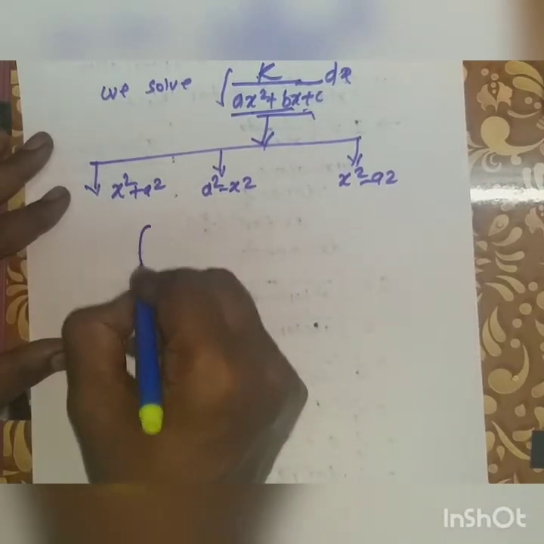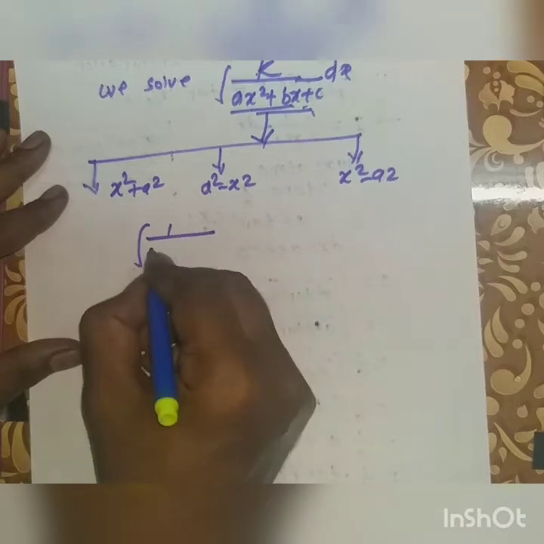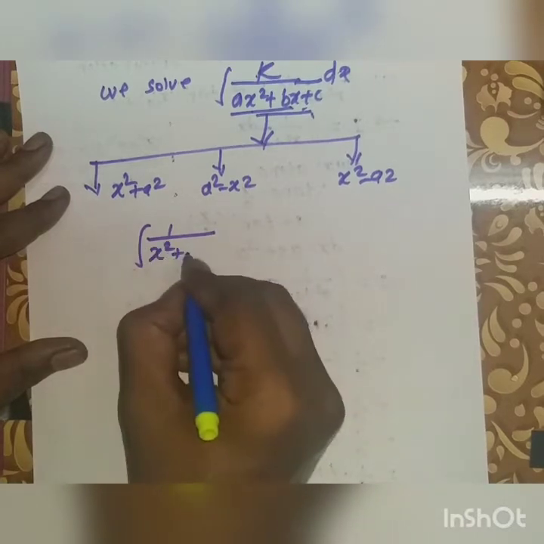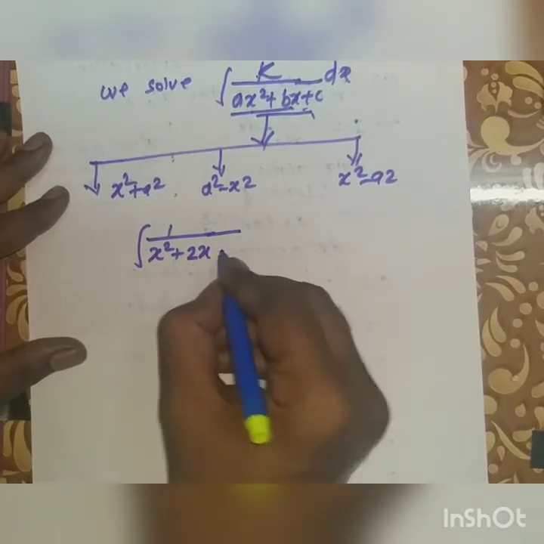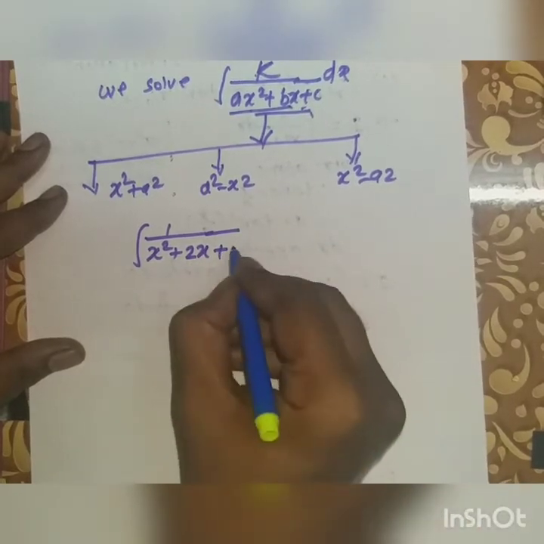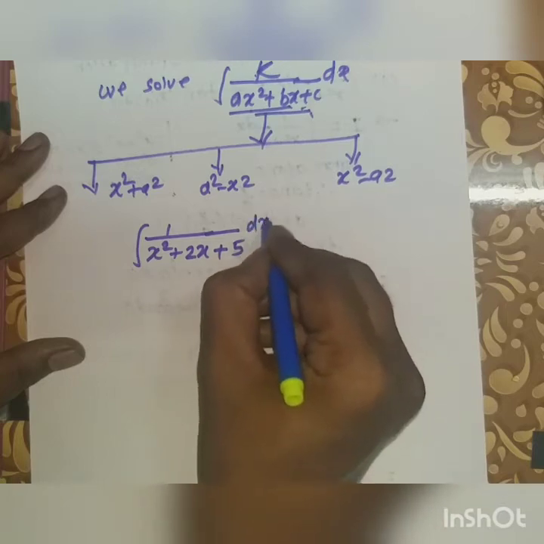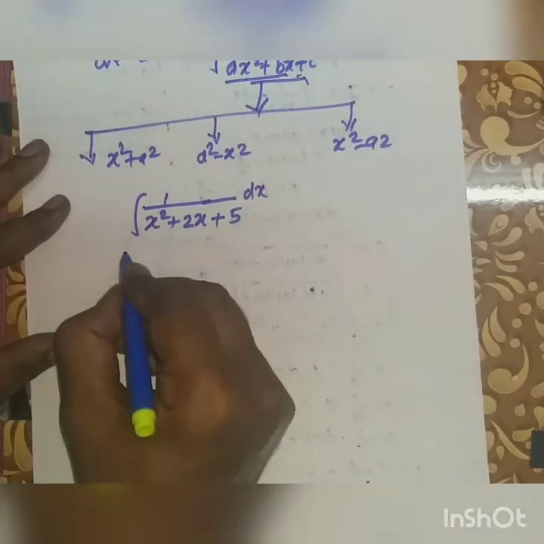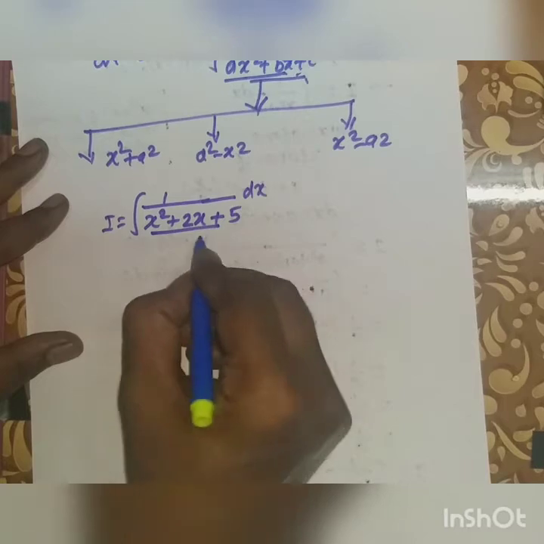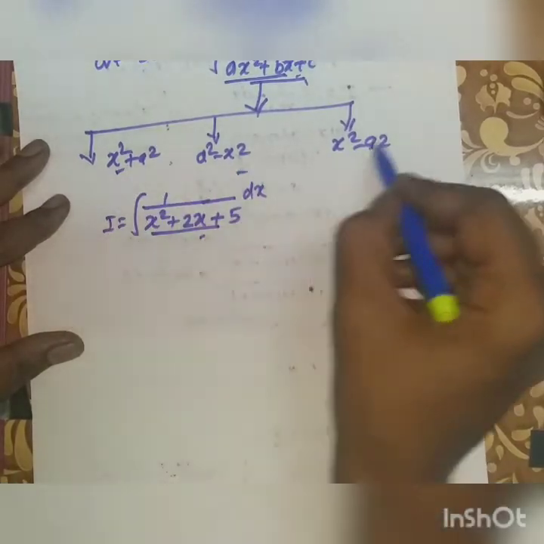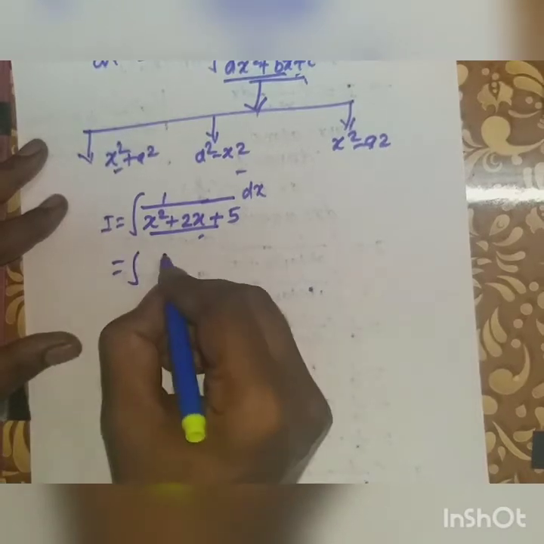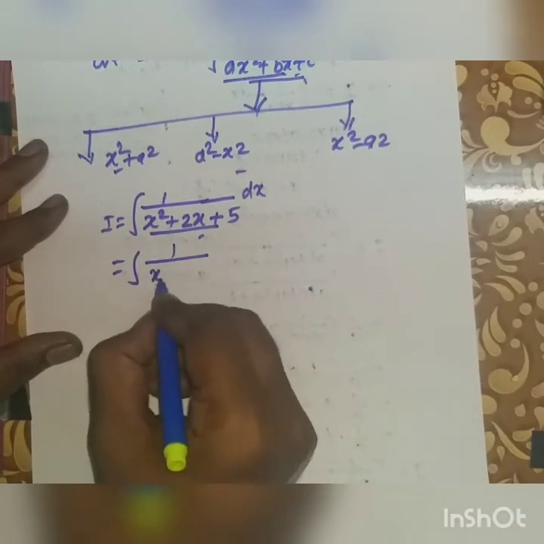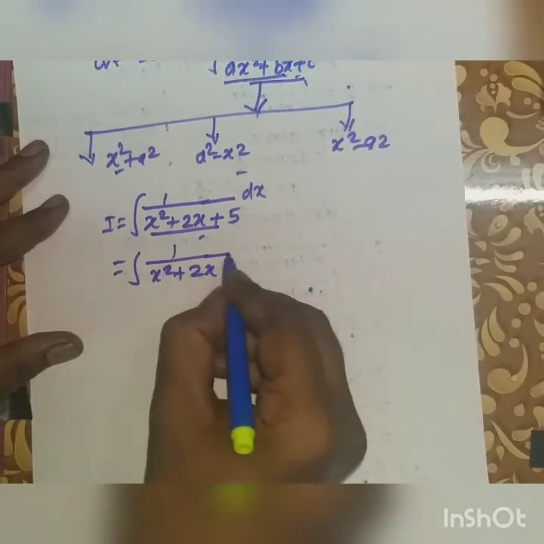For example, we take 1 divided by x square plus 2x plus 5 dx. Now this quadratic equation is converted into any one form out of these three. 1 divided by x square plus twice x, complete square method.